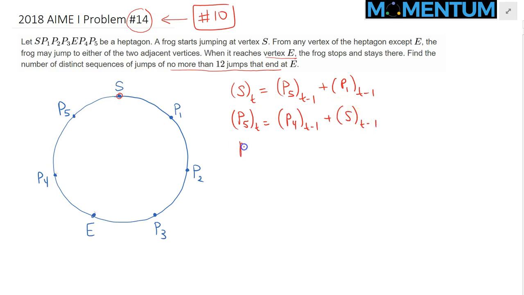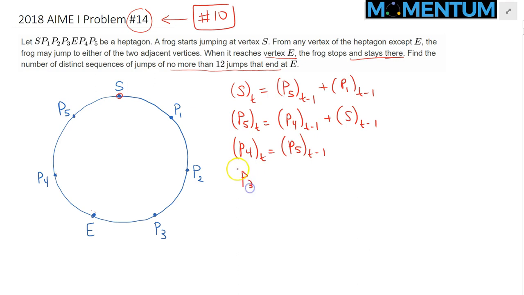I'll go ahead and continue in that fashion. You can end up in vertex P4 only if in the previous step you were in P5. You cannot come to P4 from E, because once you land at E, you stay there. So the only way you can end up in P4 at time t is if at time t minus 1 you were in P5.